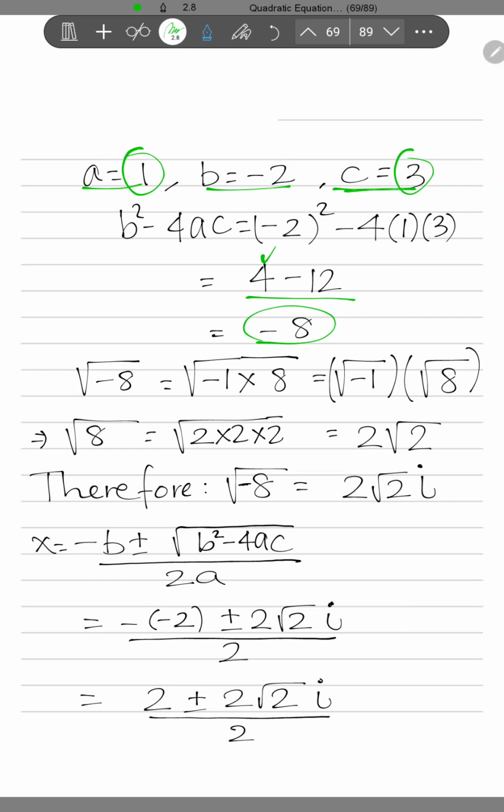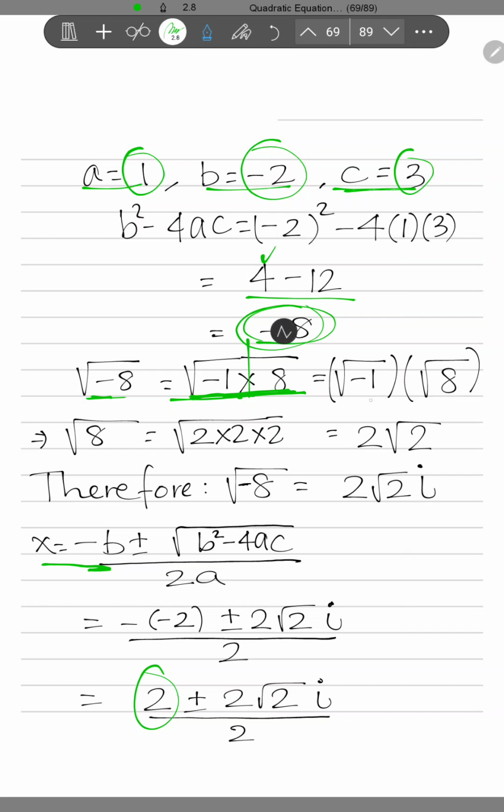Now, in the general formula of a quadratic equation, we have x is equal to minus b. Minus b is minus 2, which is 2, plus or minus square root of minus 8. How do we simplify the square root of minus 8? The square root of minus 8 is the square root of minus 1 times 8.